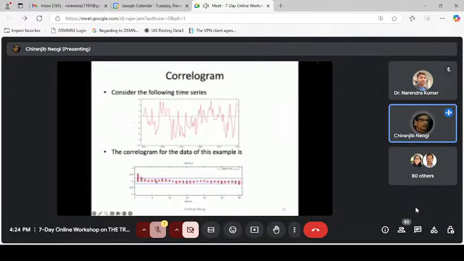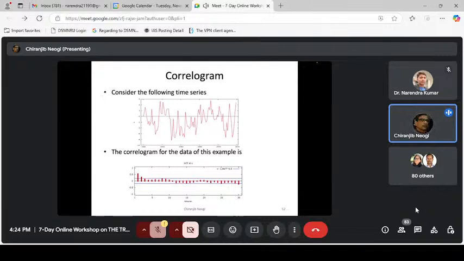Each bar gives the correlation value. If there is no lag, then these two time points are the same, so for 0 there should be 1. But if there is a lag, then the values will not be equal to 1, but close to 1, say 0.6 or something like this.